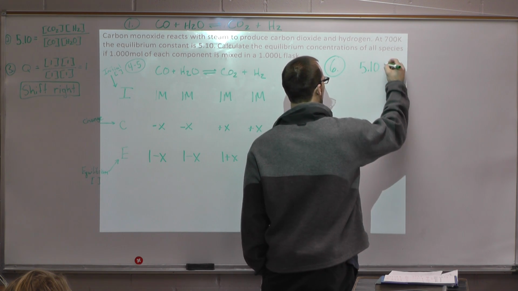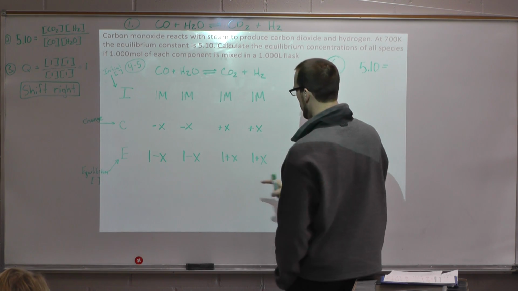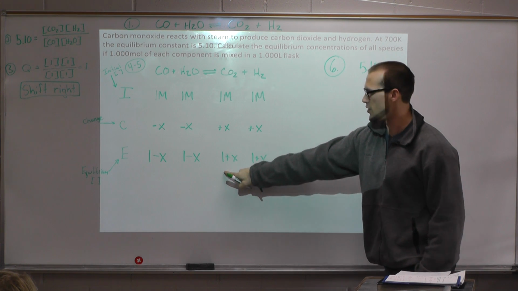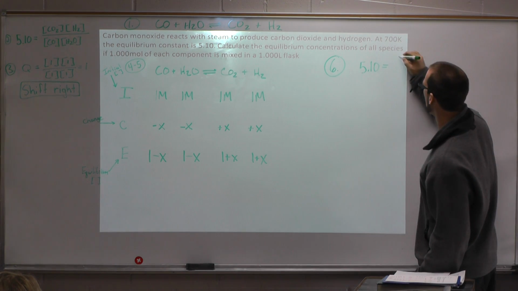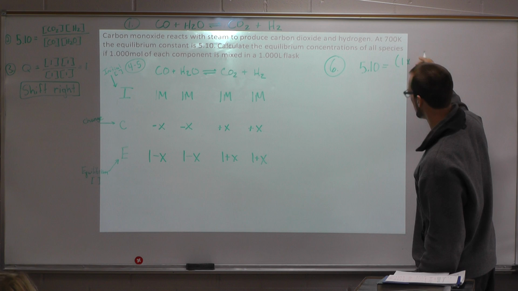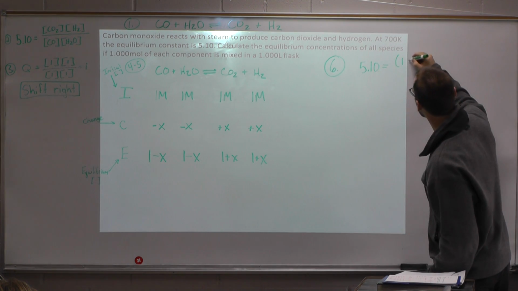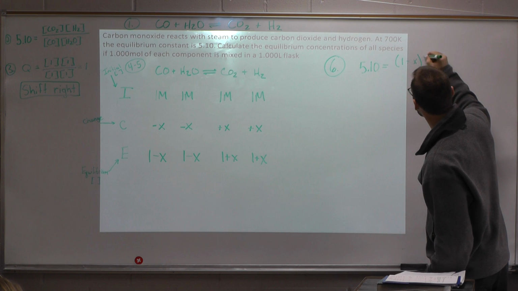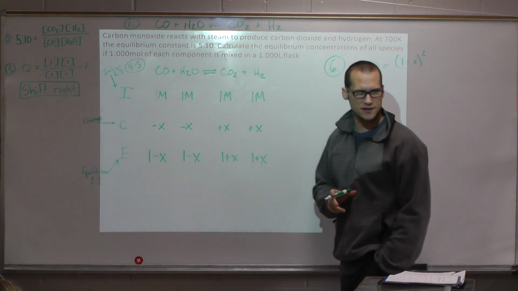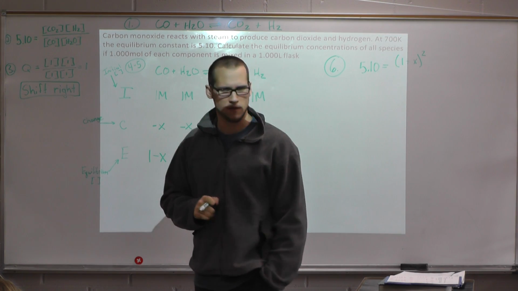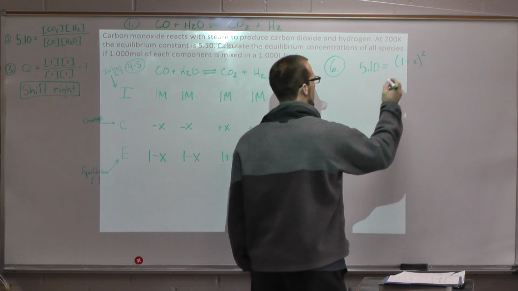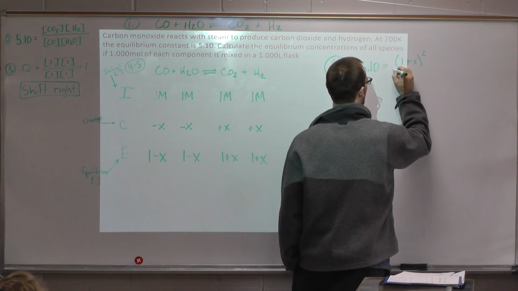Products over reactants. Because it's 1 plus x for both, I can write 1 plus x, squared, does that make sense? All over 1 minus x squared.